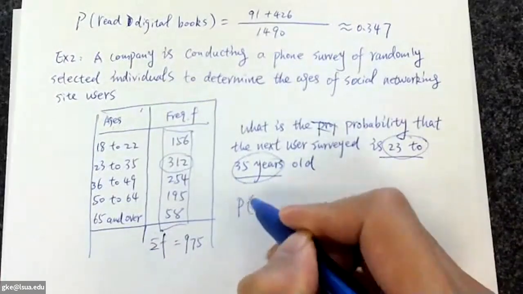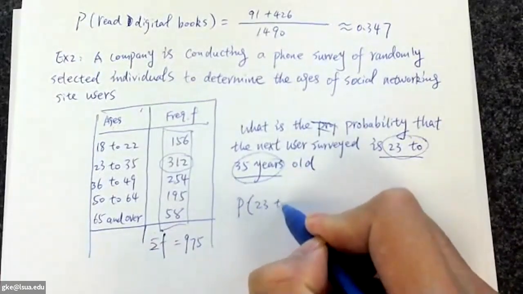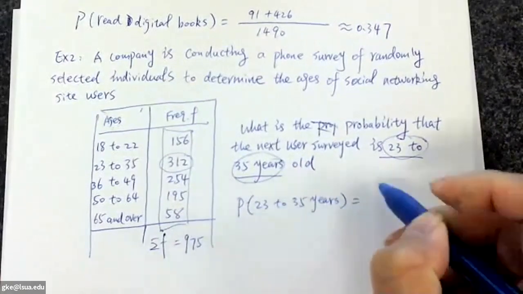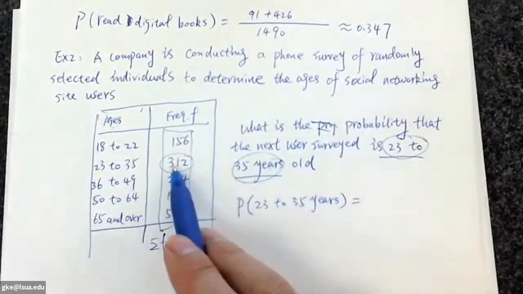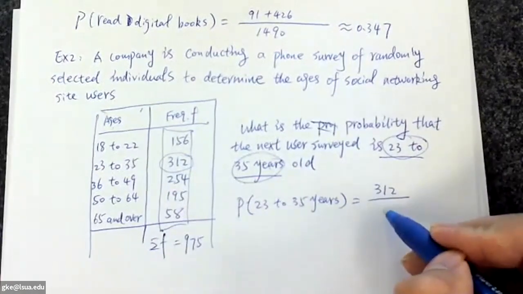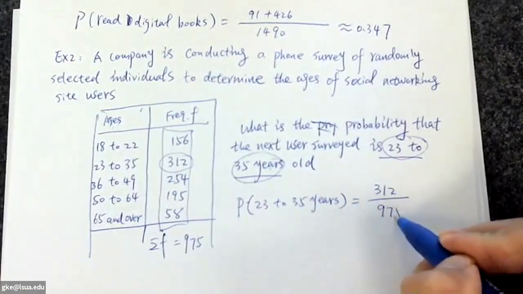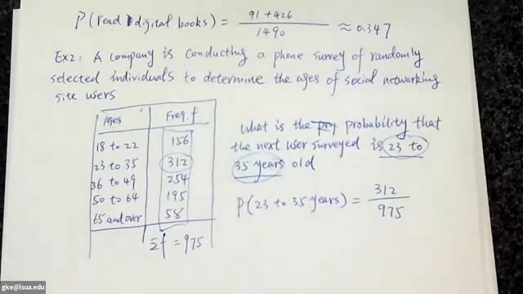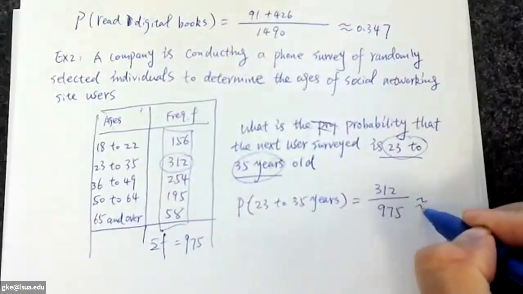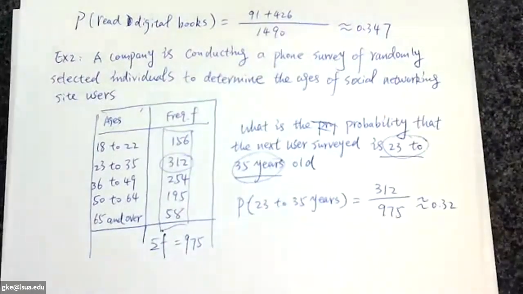For 23 to 35 years, the numerator is the frequency for this event, 312, divided by the total frequency, 975. And you're going to get 0.32. Good job.